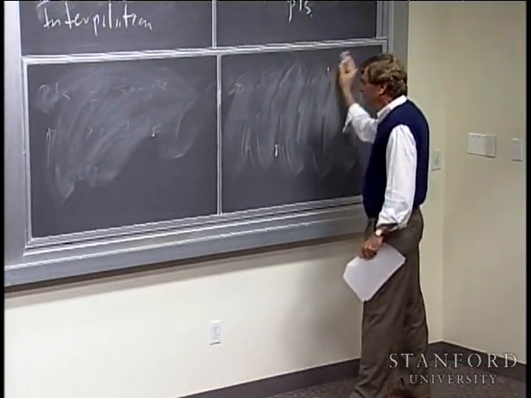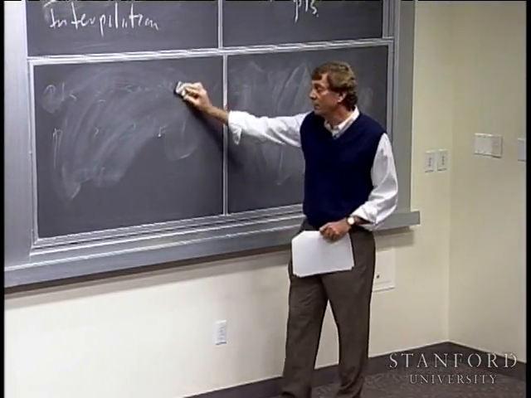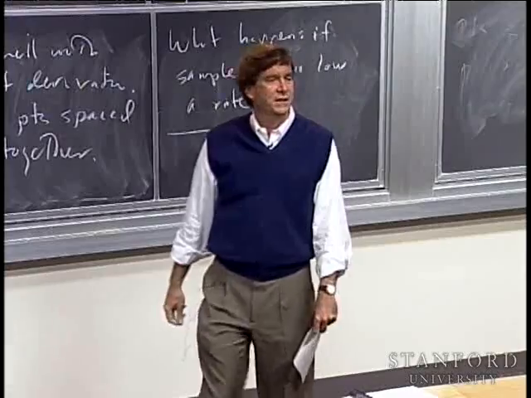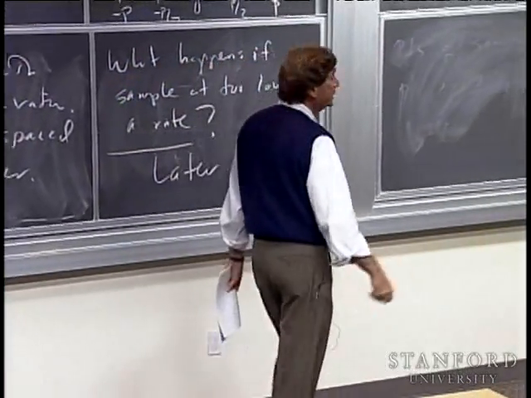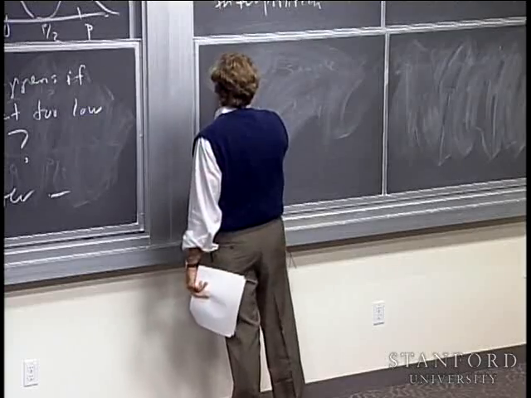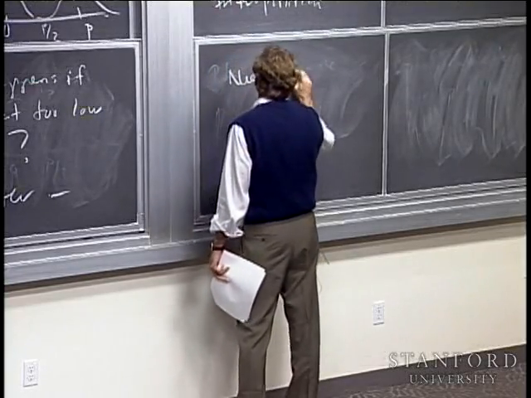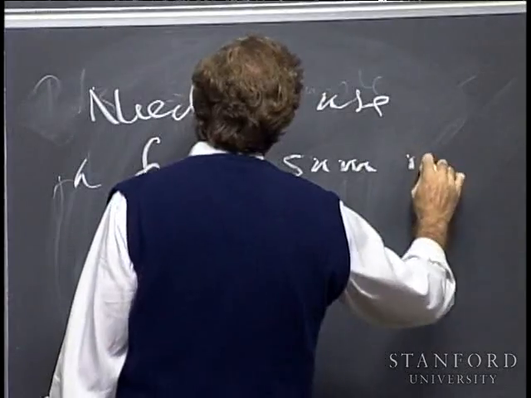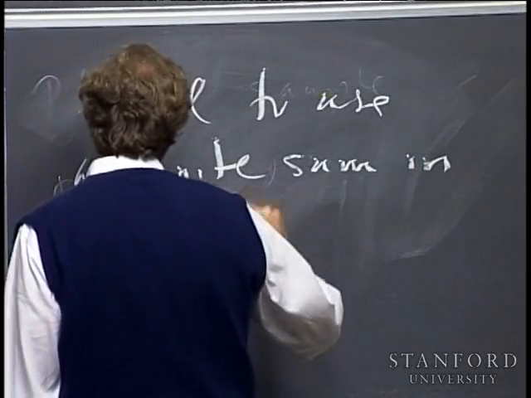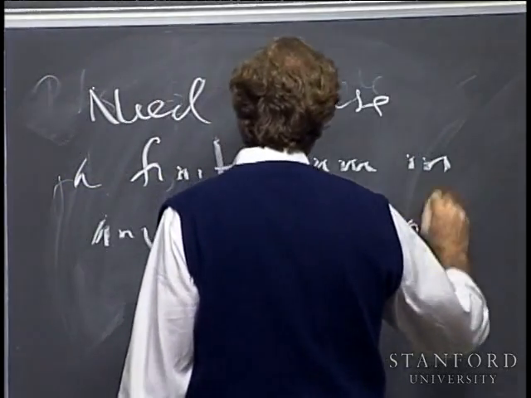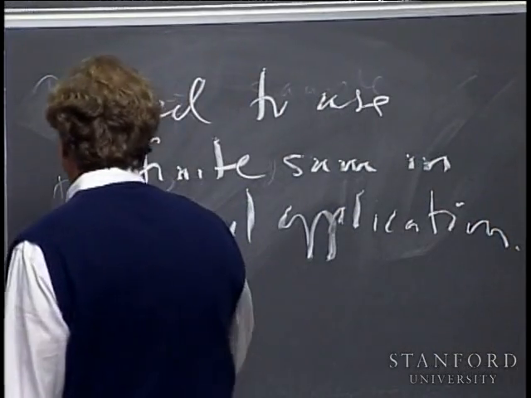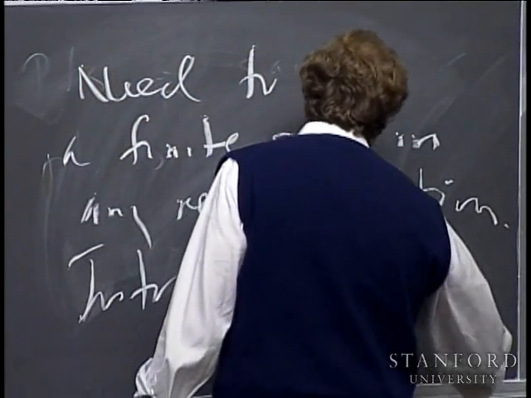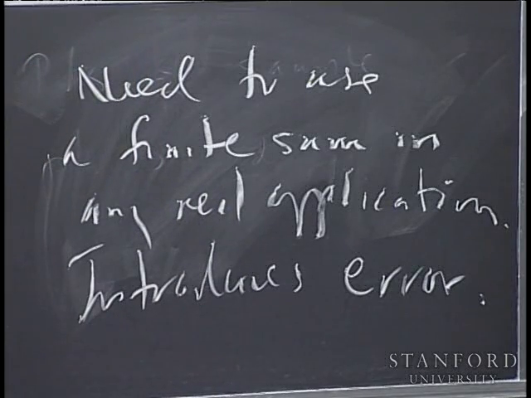There are results that estimate the error and things like that, but those are in particular applications and contexts, and we're not going to talk about them. In any real application you'll need a finite sum, so that introduces error. It becomes an approximation instead of an equality, and that's something you have to be aware of.